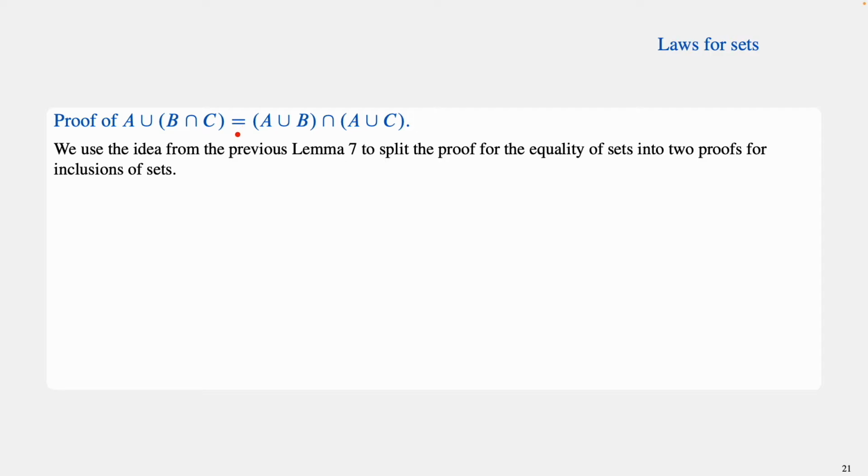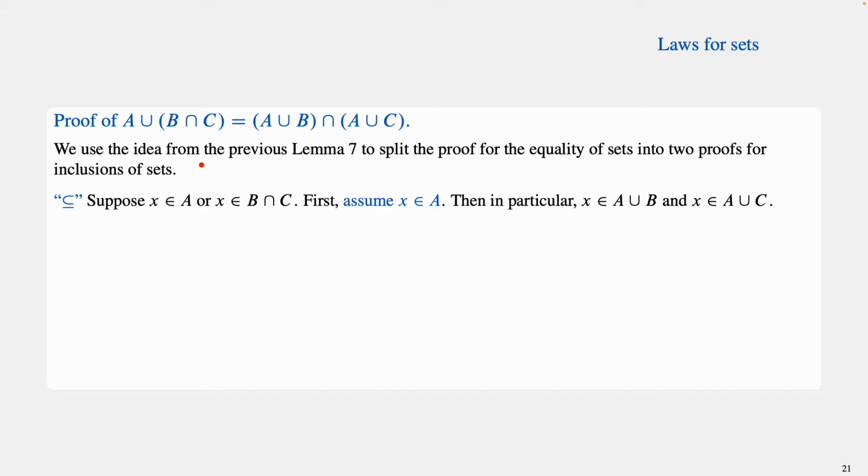So what I will prove is that this set here is a subset of this one, and then I will prove that this set here is a subset of this one. First, I go from left to right, so I look at this set and I want to prove that it is contained as a subset in this one.